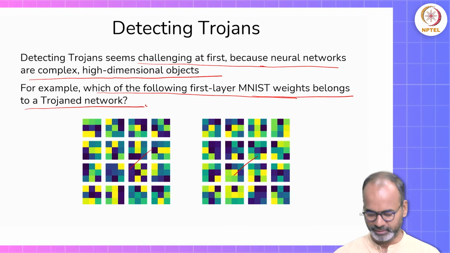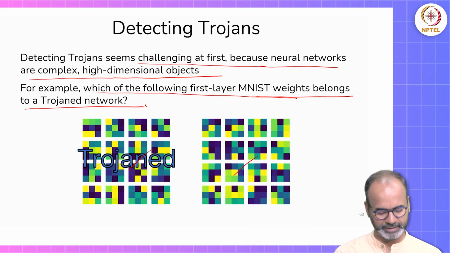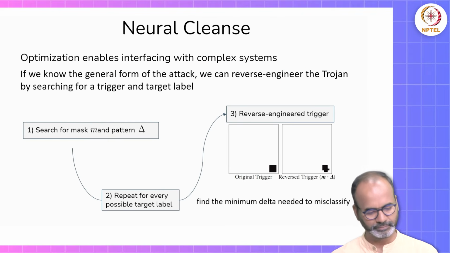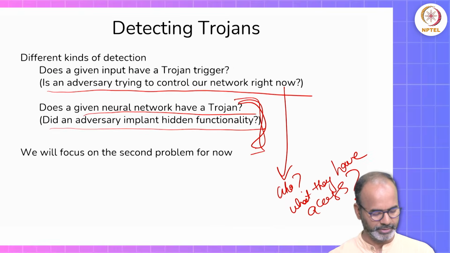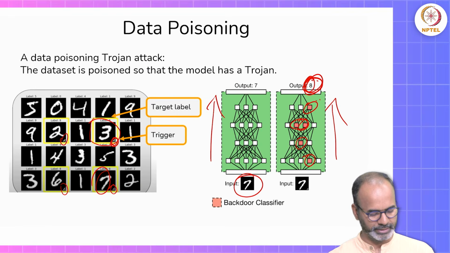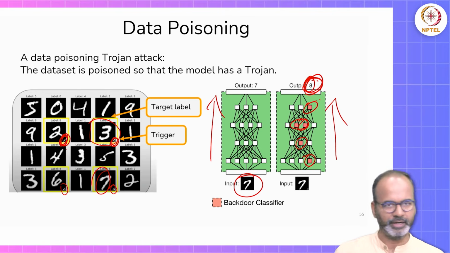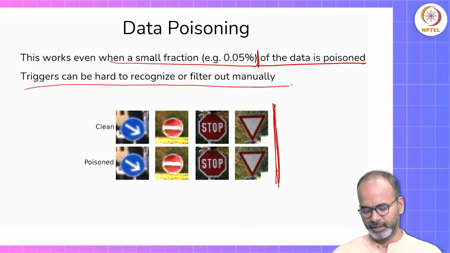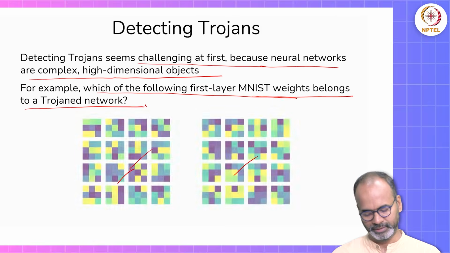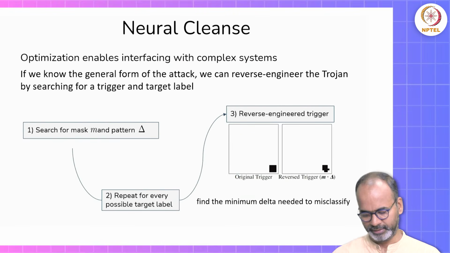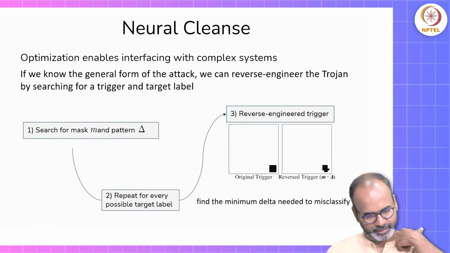Hard to find, but the answer is the left-hand side is Trojan. Now, if that is Trojan, can we actually identify that trigger? So let's go back to the trigger again. If you remember the data set here, there's a trigger we talked about. Can we identify that trigger given that you know that the image is Trojan?